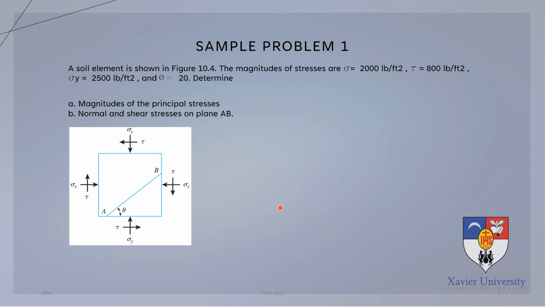So we have here example problem number one. We have to solve for the magnitudes of the principal stresses and the normal stress, as well as the shear stress on plane AB, without using the Mohr circle.